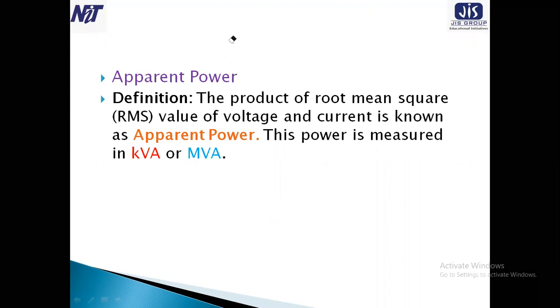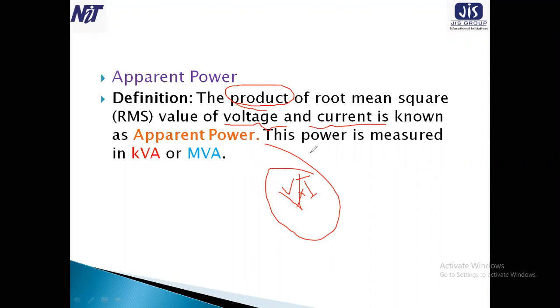Product means multiplication. That means if we multiply V into I, that is the apparent power. The product of the RMS values of voltage and current is known as the apparent power. This power is measured in kVA or MVA.